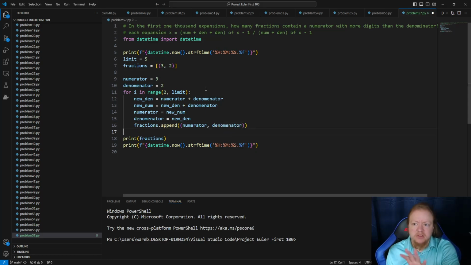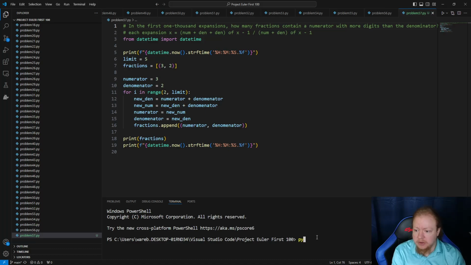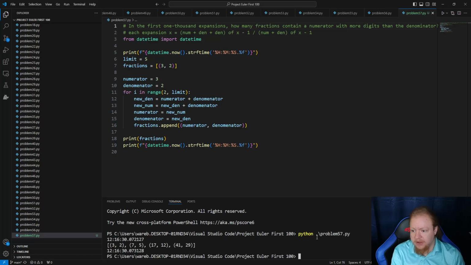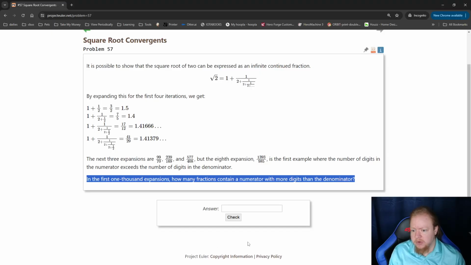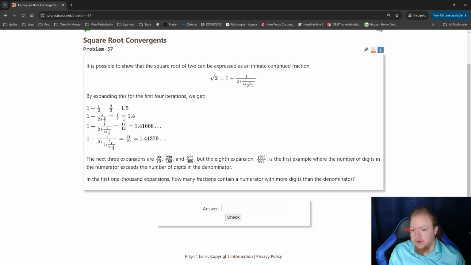Obviously this doesn't actually answer the question because the question wants us to compare the number of digits between the numerator and the denominator. But for right now, we're just doing a proof of concept. So we want to make sure that we've got the correct answers. So we get 3 over 2, 7 over 5, 17 over 12, and 41 over 29.